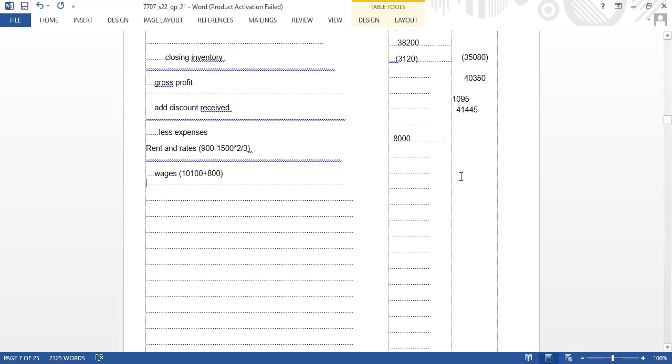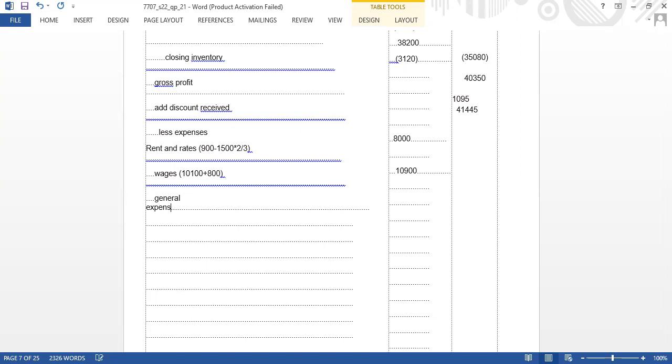That will give us 10,900. Then we have general expenses. General expenses are 1,287. Then we have insurance of 1,800.